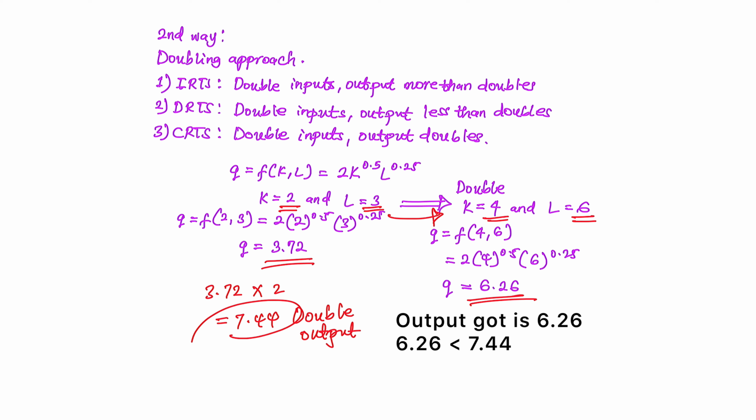So in this situation, we say we have decreasing returns to scale. If our output was exactly equal to 7.44, that would have been constant returns to scale. If the output was greater than 7.44, that would have been increasing returns to scale. That's the second way to be able to tell whether we have increasing, decreasing or constant returns to scale.